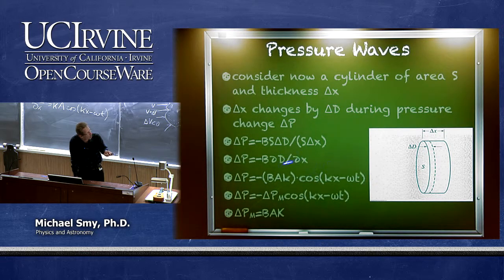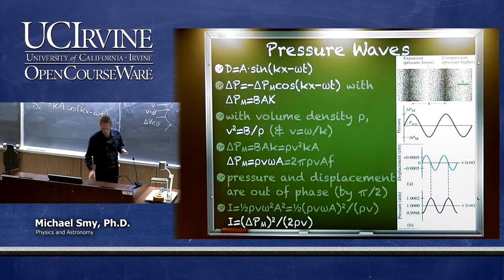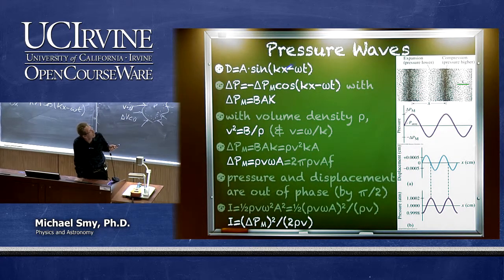And this expression in parentheses, this product of bulk modulus, amplitude, and wave number, we can call the pressure amplitude delta Pm, or delta Pm equals BAk. So what we observe is that while the original displacement was A times sine kx minus omega t, this pressure difference as a function of space and time is delta Pm, the pressure amplitude, times the cosine of kx minus omega t.